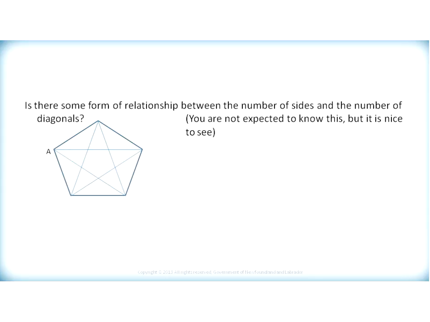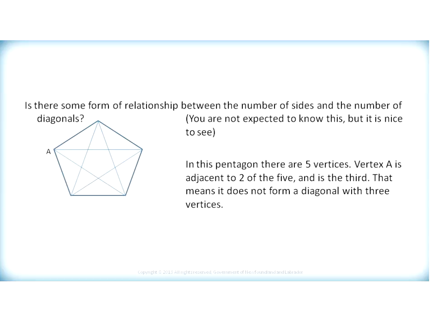Okay, so how many diagonals can I form from vertex A? Well, in this pentagon, in any pentagon, there are 5 vertices. Vertex A is adjacent to 2 of the 5, so the 2 that vertex A is adjacent to are right here and right here. And vertex A is also one of the 5 vertices in this pentagon.